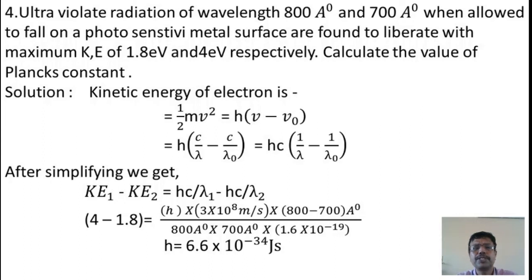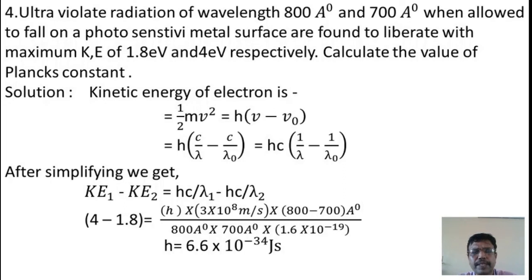Then the expression is: maximum kinetic energy of photoelectron is equal to energy of incident photon or incident radiation minus photoelectric work function. This is Einstein's photoelectric equation. Or maximum kinetic energy of photoelectron is equal to h into (c by lambda minus c by lambda naught).